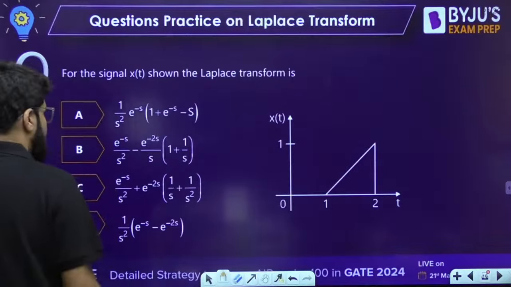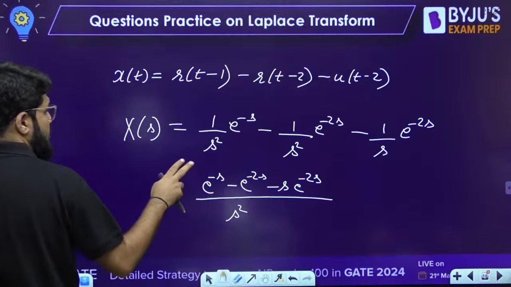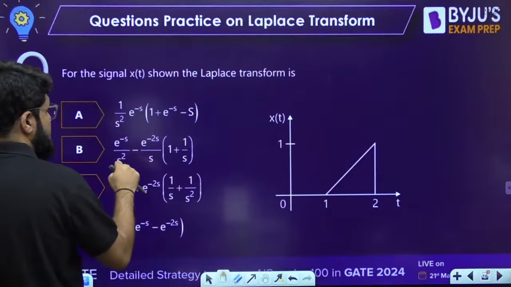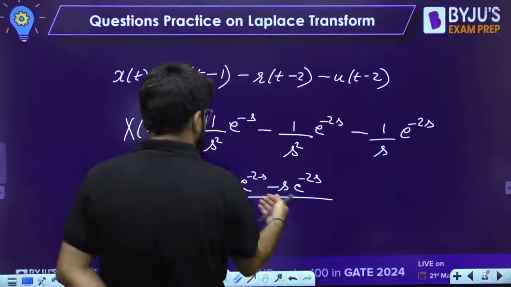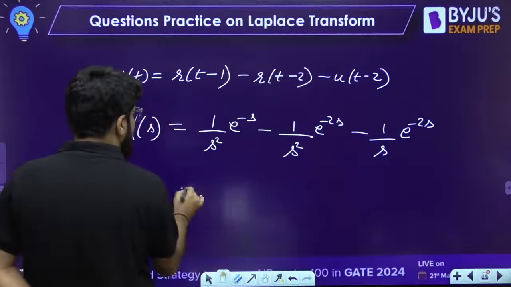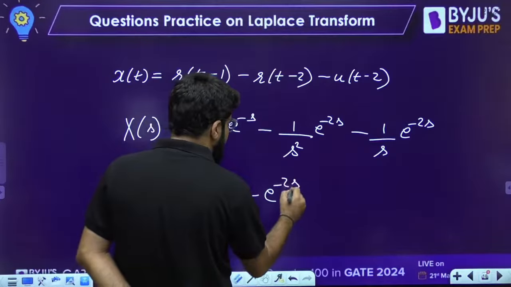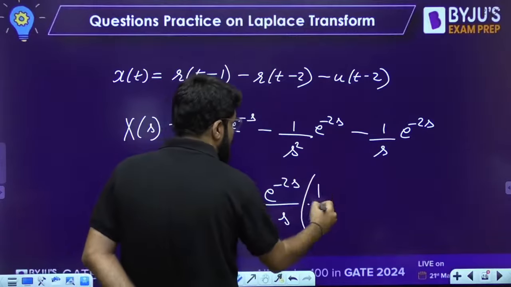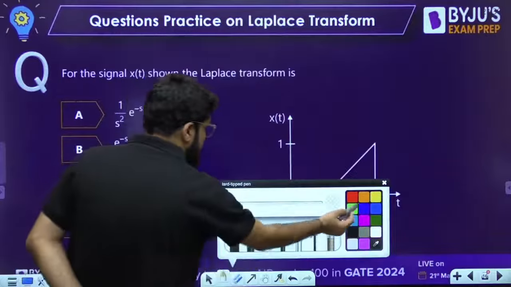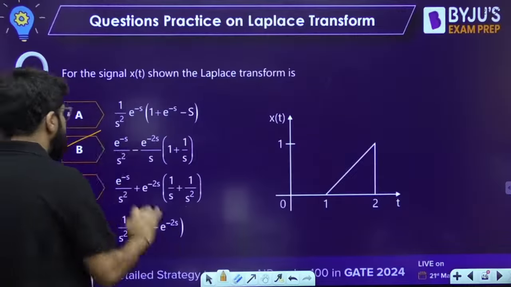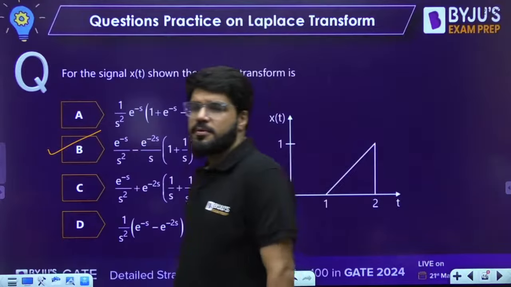Possibly I can take e power minus s by s square, minus of e power -2s upon s. Yeah, B is actually matching up. As per the arrangement of the options, I'll write it like that: e power minus s by s square minus of e power -2s upon s, with a single s common. So 1 upon s will be left here, and this is +1, and this is +1. So option number B matches up completely.